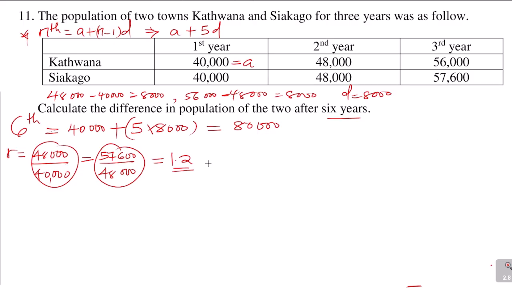And now we need to know, how do you get the nth term of the geometric progression? We get it by a r raised to power n, where n is the position of the term. In this case, n will be 6 because we want the population after 6 years.